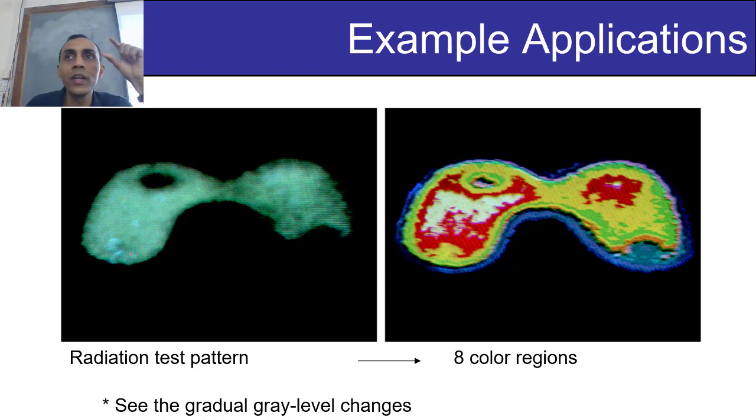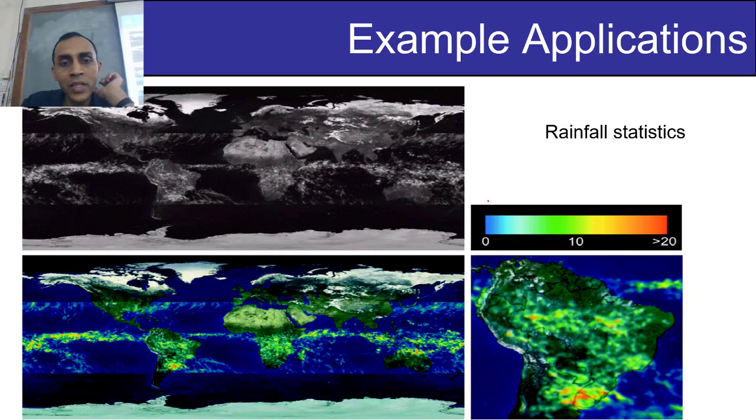Different levels of intensity values we can give different colors, and we can get this kind of a pseudo color image. And as you can see, this may be more informative for a doctor to see the different parts. I don't know what this structure is all about, but maybe another image can help you.